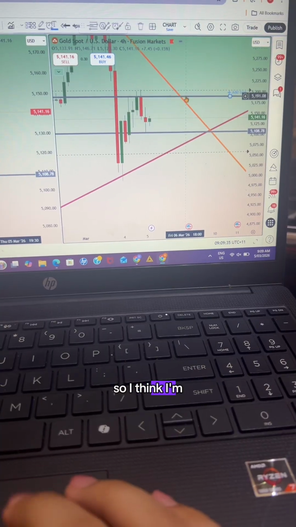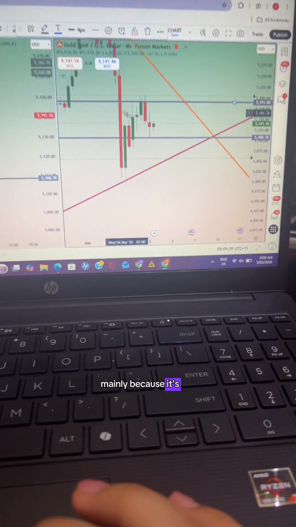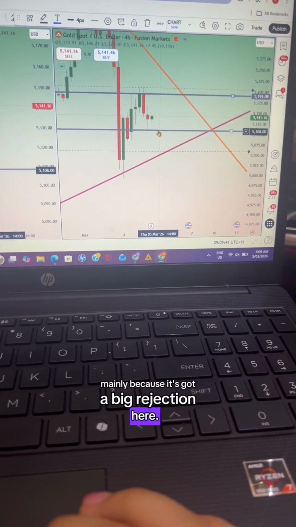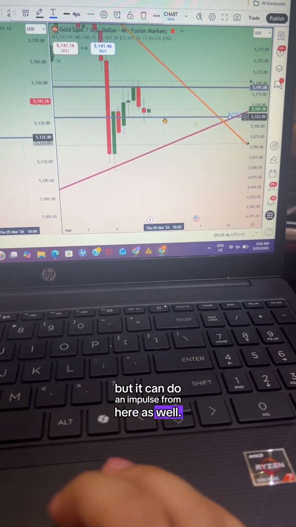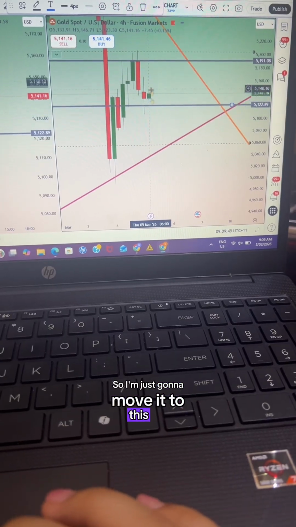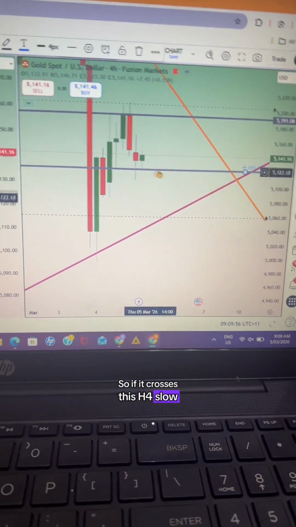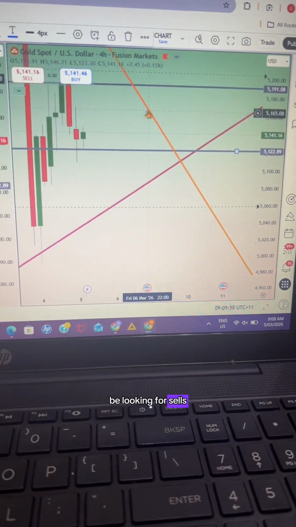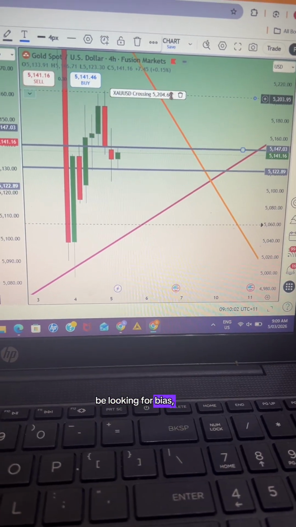So I'm going to move this one to the previous H4's low, mainly because it's got a big rejection here, but it can do an impulse from here as well. When the new one opens, this is going to be the previous. If it crosses this H4 low, I want to be looking for sells, but if it's crossing the high, I want to be looking for buys.